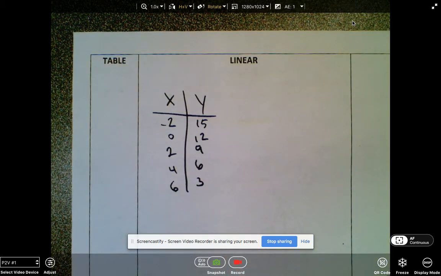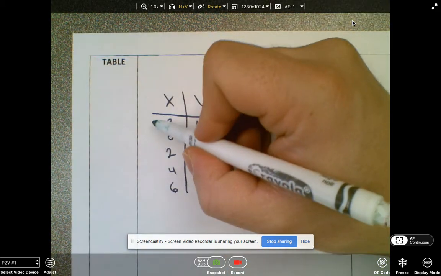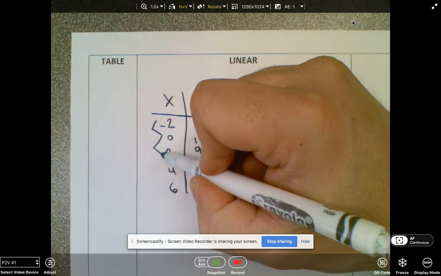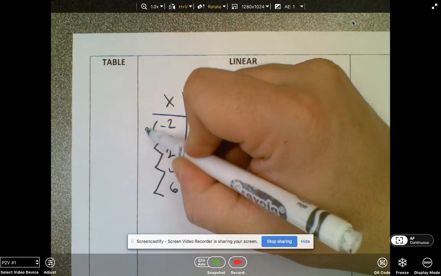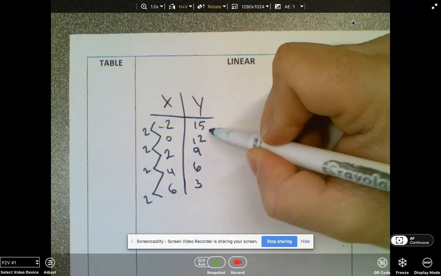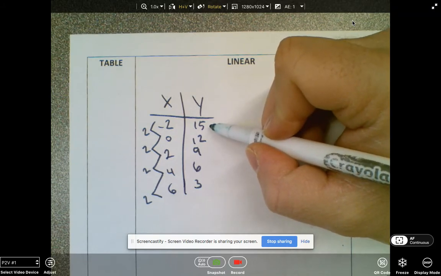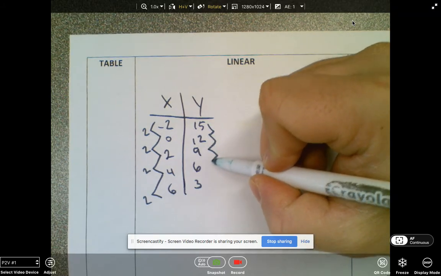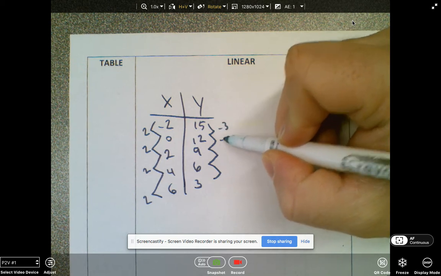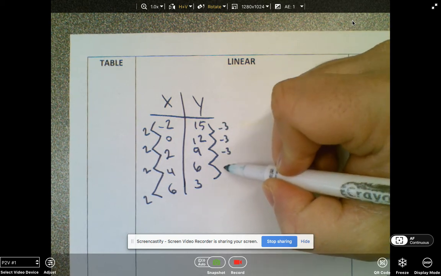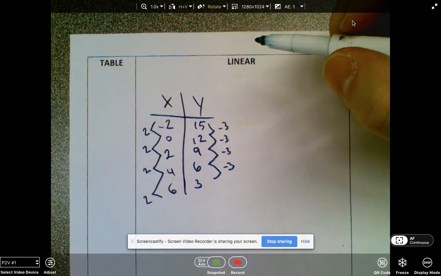All right, so if you look here, it's easy to tell that these x values are going up by 2 every time. And can someone tell me these y values are going down by 3? Because it's a constant rate for every single one, you can definitely say it's linear.